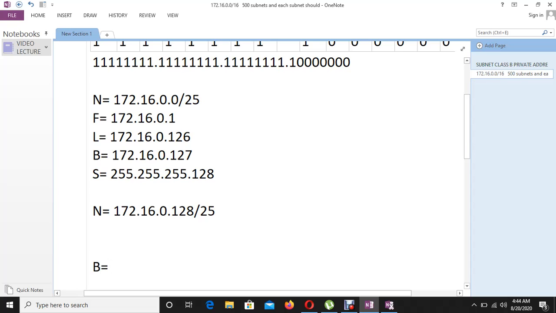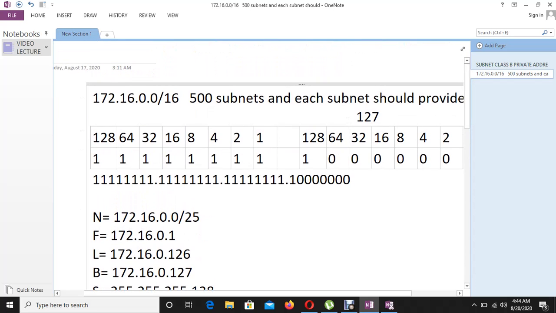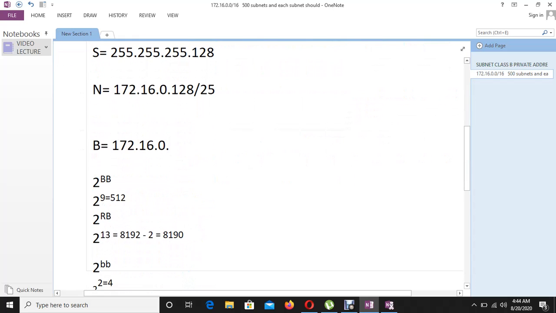Broadcast address here is 172.16.0.127 plus 128, because we have the sum of the remaining bits here as 127. So we're going to add it to this 128 right here. It gives us 255.